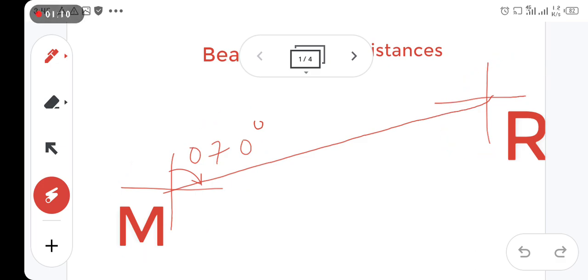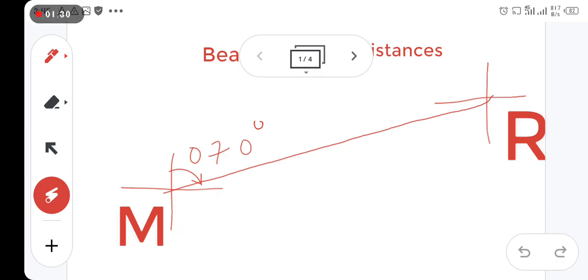Now the direction, this is her bearing, 070 degree, which is her direction from the north axis, from the north pole. Remember your cardinal points: north, east, west, south.